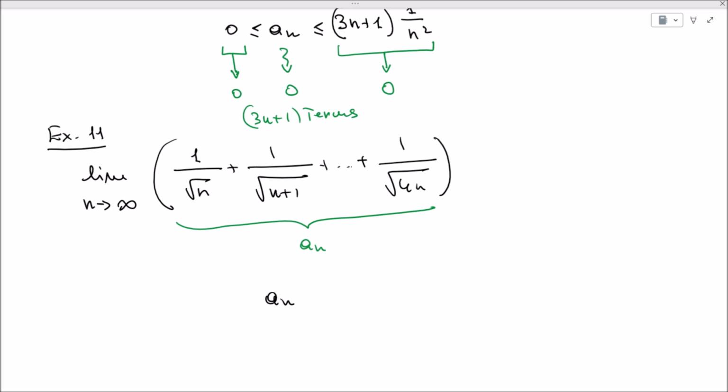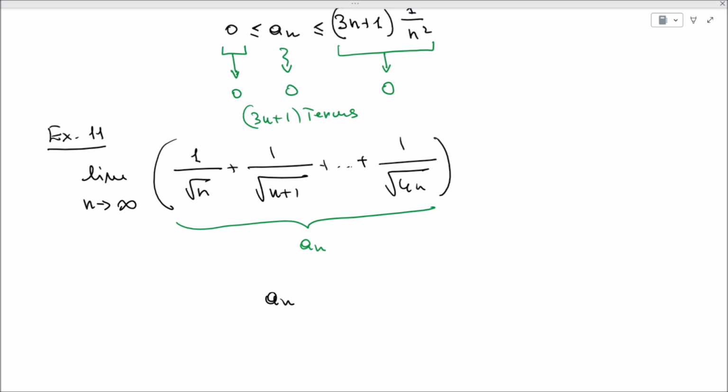And what we can say is that an is larger than or equal to 3n plus 1, which is the number of terms, times the term which is the smaller, right? And what is the smaller term? It is 1 over square root of 4n.